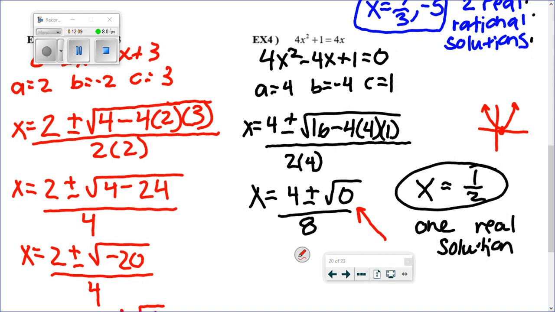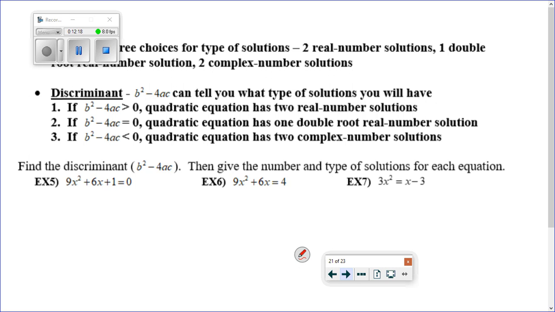So that is going to lead us into what we're talking about next, which is the discriminant. If you are flipping to the next page or following along on paper, your discriminant is what is underneath the square root. So that idea of b squared minus 4ac.